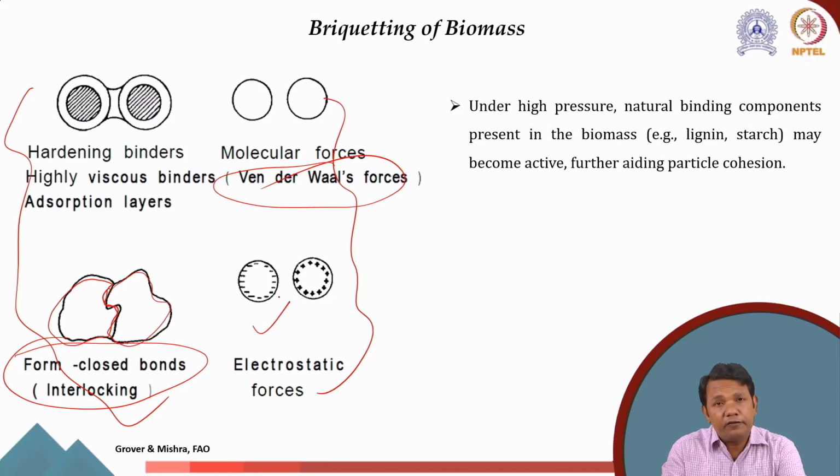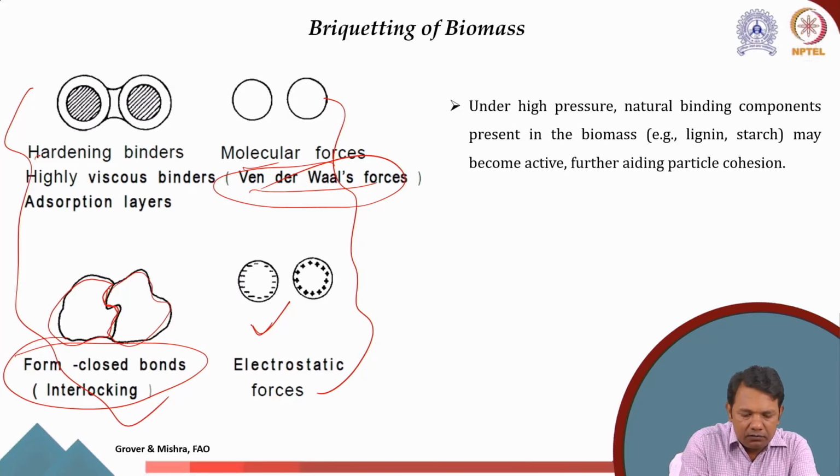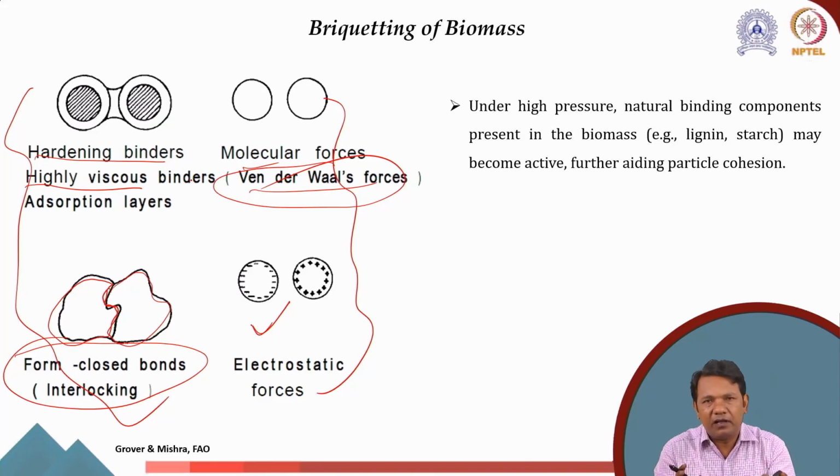The electrostatic forces are very important because when you are giving high compression, and if there are interparticle electrostatic forces, they will attract each other and try to hold the particles together. Similarly, the molecular forces that include the van der Waals forces are very important. If we use binders, then there are hardening binders which follow a phenomenon similar to adsorption.